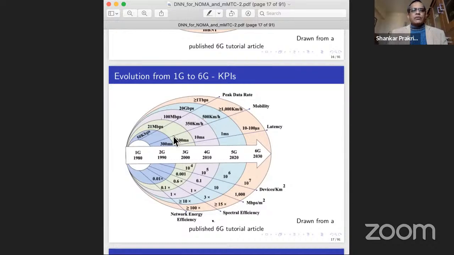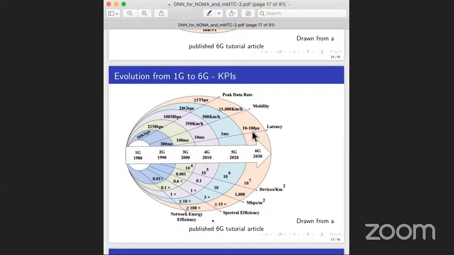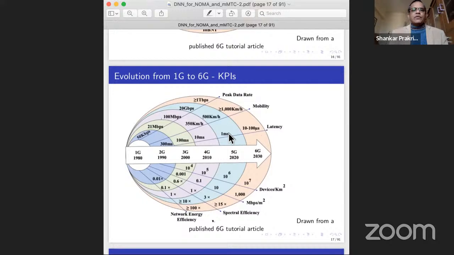Even in the case of 5G, you're looking at 500 kilometers per hour of high-speed train travel. In the case of 6G, you're looking at 1,000 kilometers per hour of mobility. Extraordinarily low latency, as you can see. Right? We're talking about 10 to 100 microseconds latency in 6G and 1 millisecond in 5G, which is very, very ambitious.